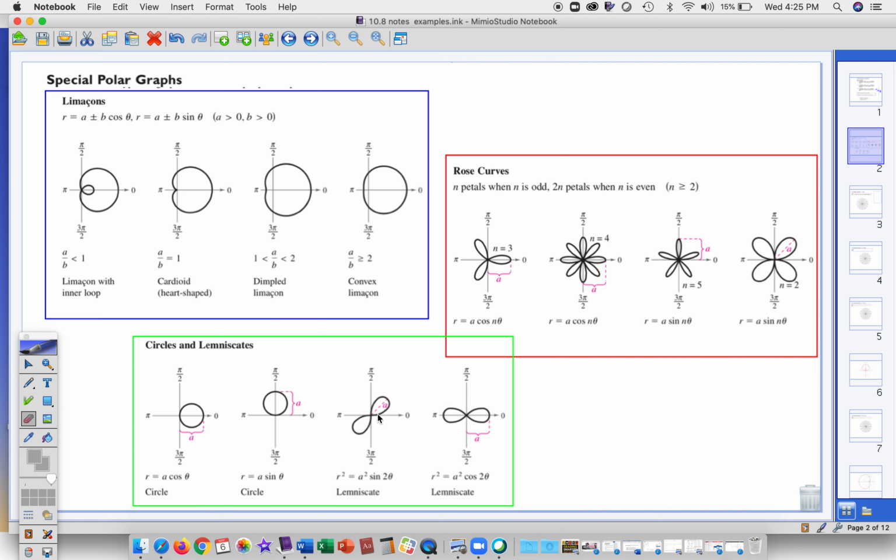It kind of looks like our infinity symbol, and notice this one has symmetry with the pole. There's that distance of a: whatever this number is, you would take the square root, and that gives you the distance across the loop. For this one, it's cosine 2 theta, and again you have symmetry, this time with the pole and with both axes, the polar axis and the line theta equals pi over 2.